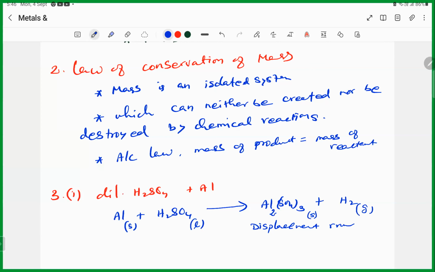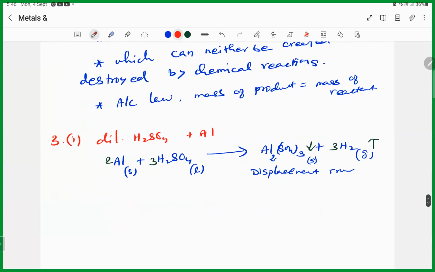You balance that equation. 3H2SO4 plus 2Al gives Al2(SO4)3 plus 3H2. Good. Okay. So we can say this like this. We should write the information that we know.